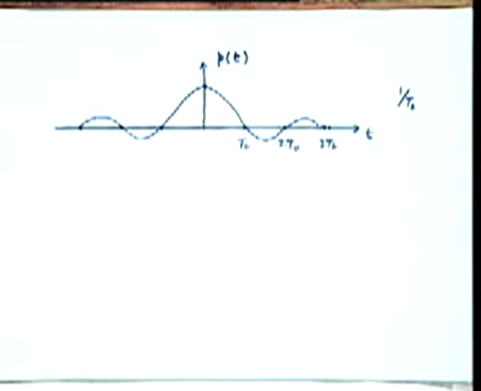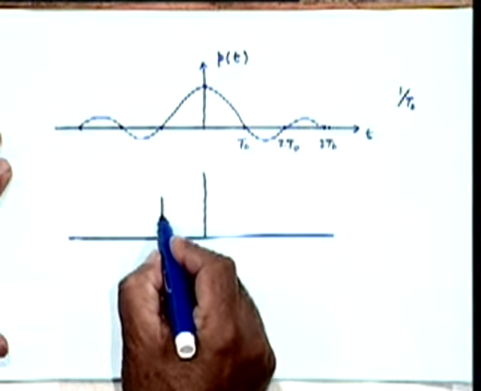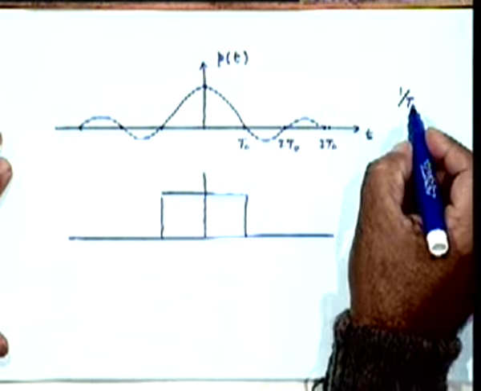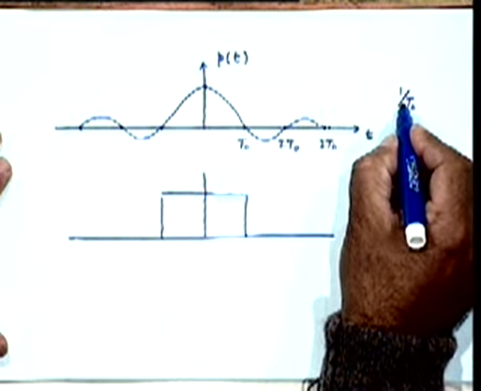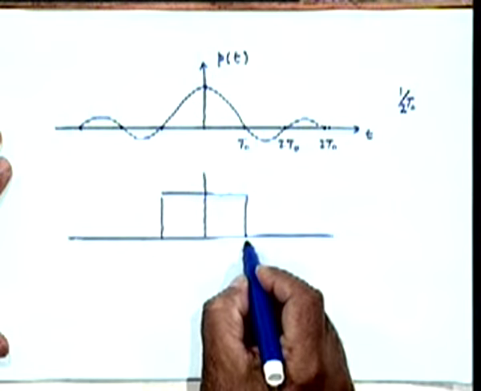So now its extent is infinite. We are using an infinite pulse duration, but we have ensured that it is band limited strictly to, what is the band limitation, band interval? Not 1 by t0. Sorry, the smallest bandwidth required is not 1 by t0, it is 1 by 2 t0. In fact, that is the correct answer.